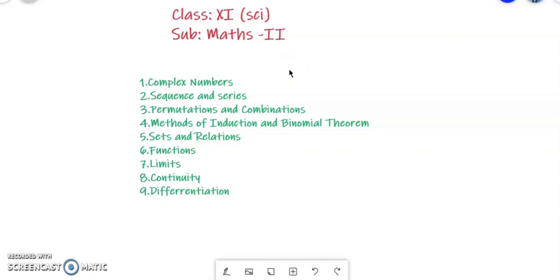In section 2, the topics are: number 1, complex numbers; number 2, sequences and series; number 3, permutations and combinations; number 4, methods of induction and binomial theorem; number 5, sets and relations; number 6, functions; number 7, limits; number 8, continuity; and number 9, differentiation. Out of these topics, we shall start with the first topic, complex numbers, today.